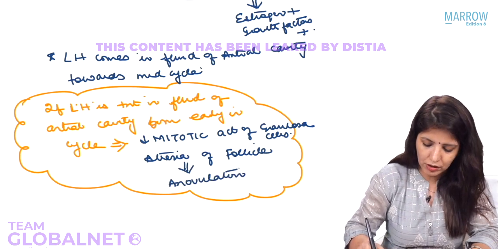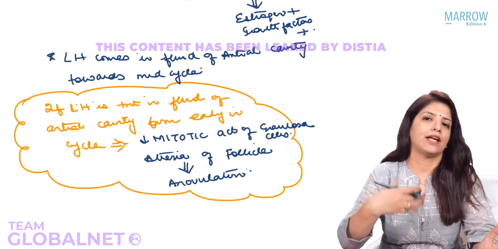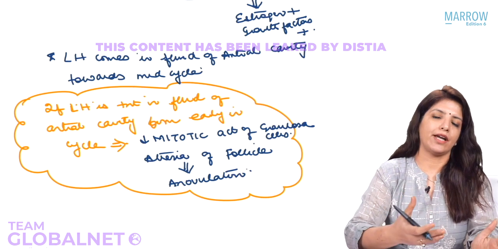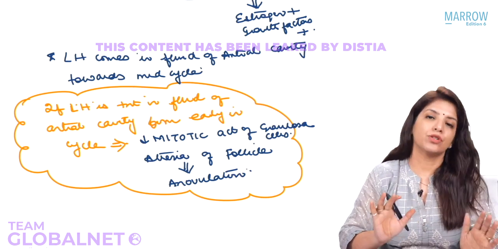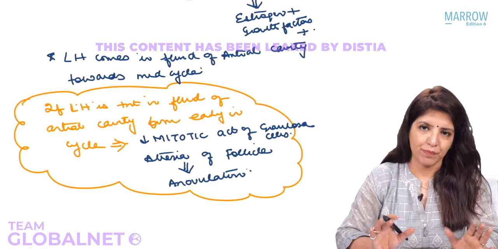Now the follicle cannot ovulate. The primary oocyte cannot get converted into secondary oocyte. Right? So, this is the mechanism for anovulation in PCOS patients.